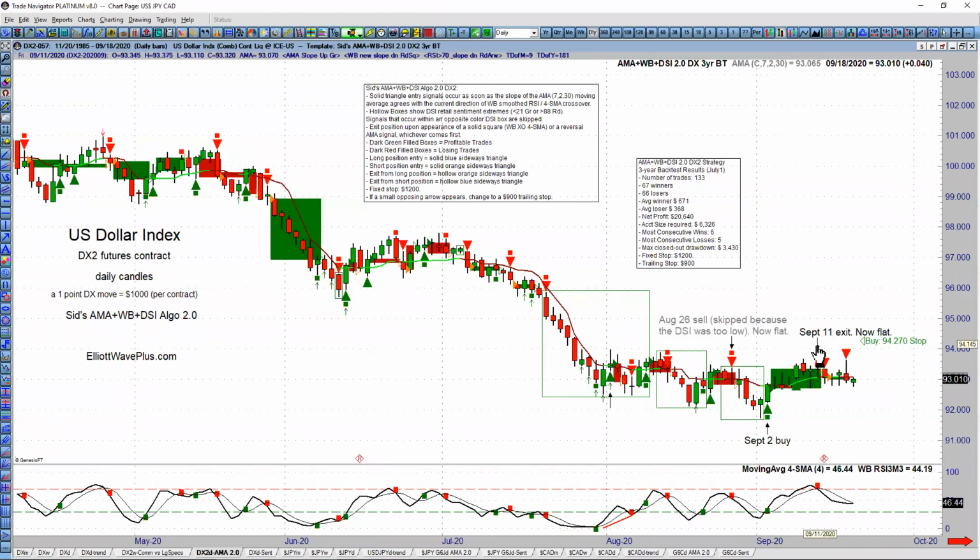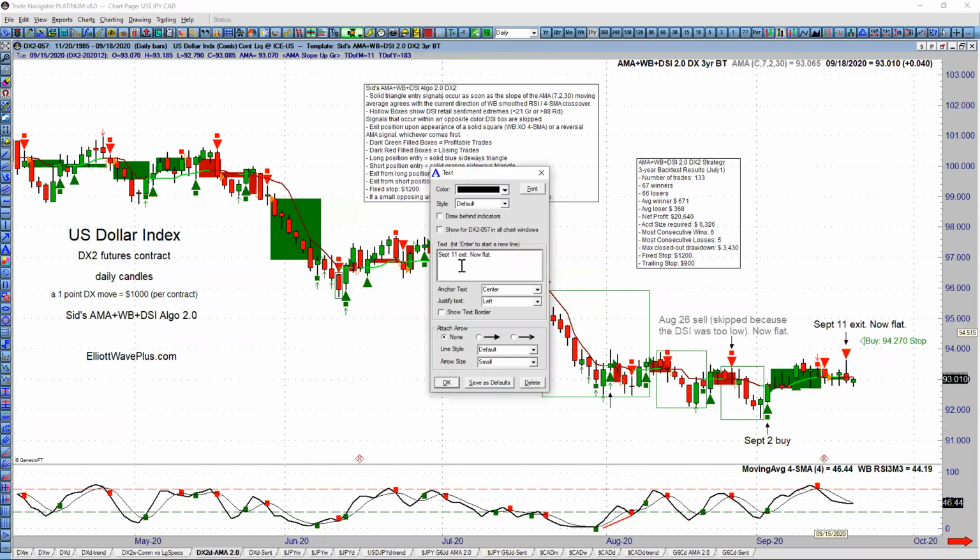The algo, the actual last signal we got was a sell. That was on Thursday, 9/17, but it doesn't mean much given the rest of the evidence. And it's currently at break even.